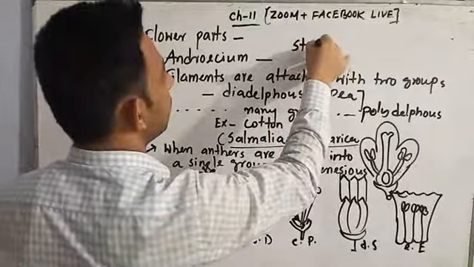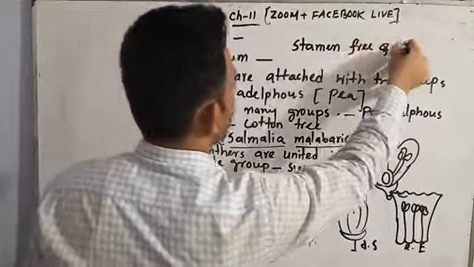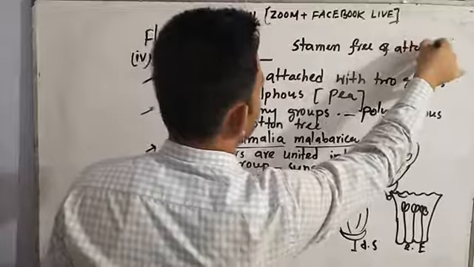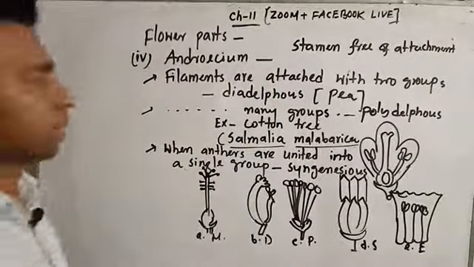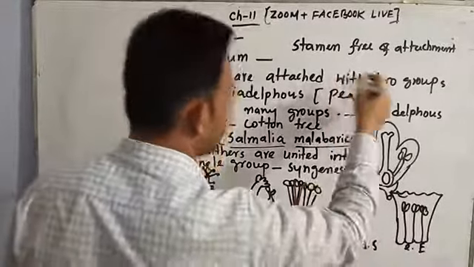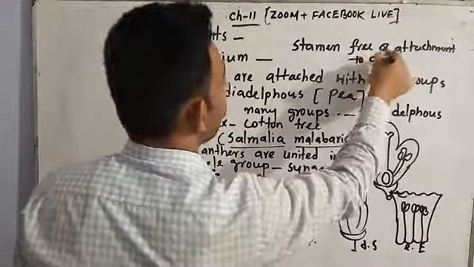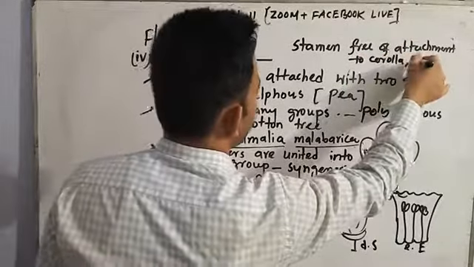Stamen free of attachment to corolla. Androecium.